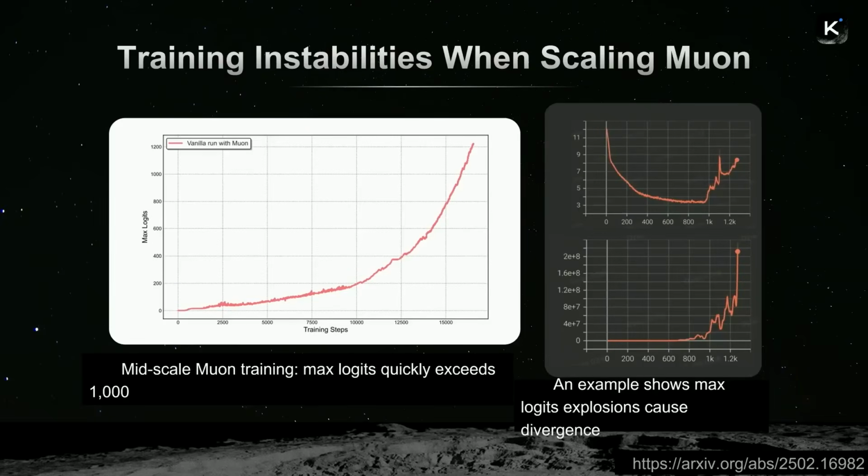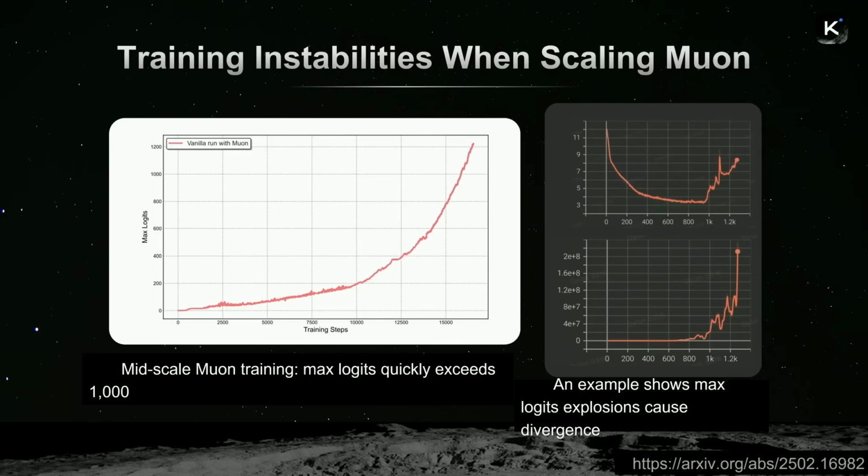But there was a new challenge that we encountered when we tried to scale it up further. When we tried to scale Muon for a 1 trillion parameter model, we encountered a new issue of training instability. As you can see on the left figure, we observe that the max logits quickly explode and exceed 1,000.